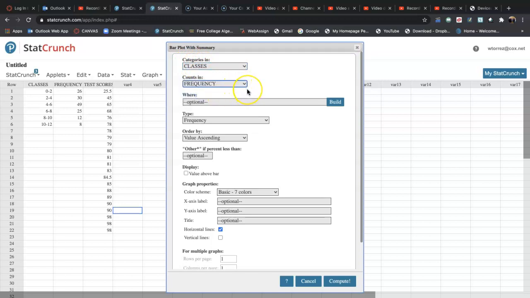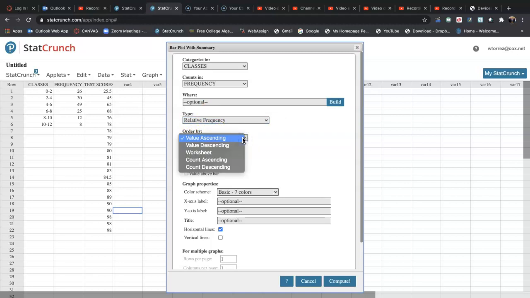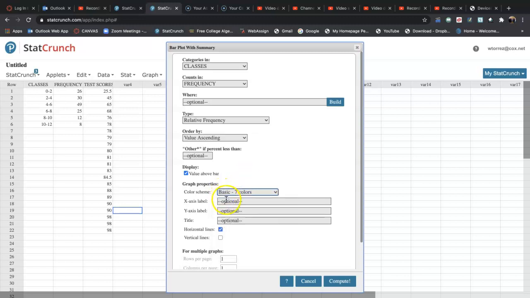All right, and we want to choose the relative frequency option for the type. We'll use value ascending. Notice you could use other attributes or other options here. We're going to use value ascending. We'll display the values, the relative frequency values above the bars. We'll use a basic color scheme. You can have fun, experiment with some of these other schemes. We'll go with the basic scheme.